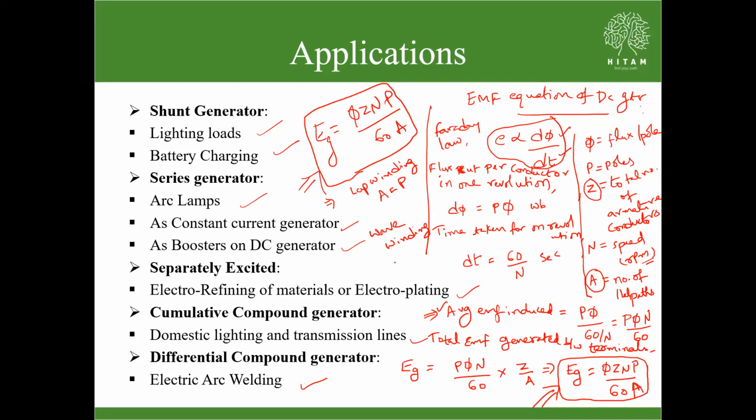If it is a wave winding, the value of A is always 2. These are important for your multiple choice questions. For lap winding, parallel paths equal the number of poles. For wave winding, the number of parallel paths is restricted to 2 only.